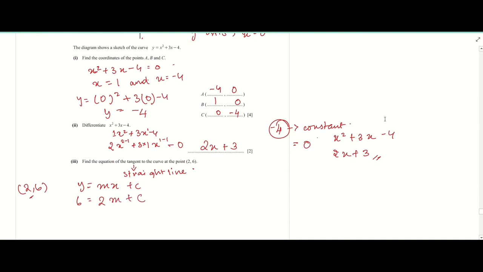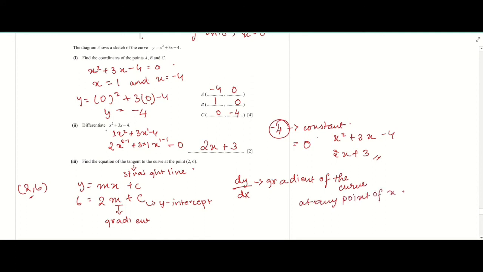We need to know what m is. We have no option of finding c directly. But m is the gradient. dy by dx is used to find the gradient of the curve at any point of x.